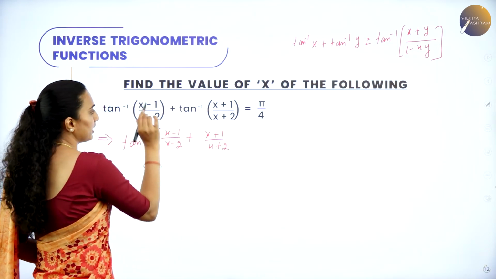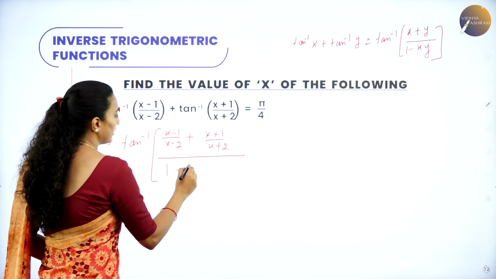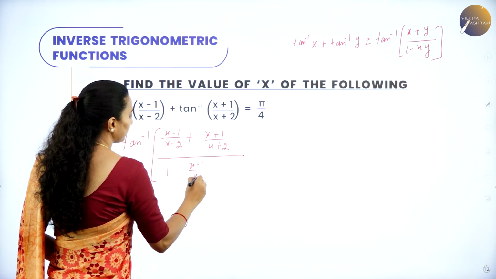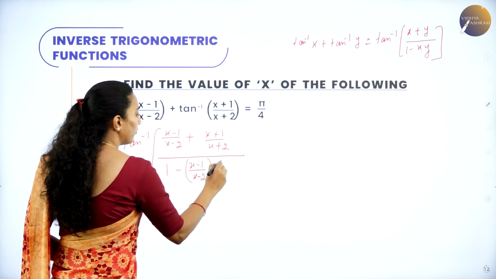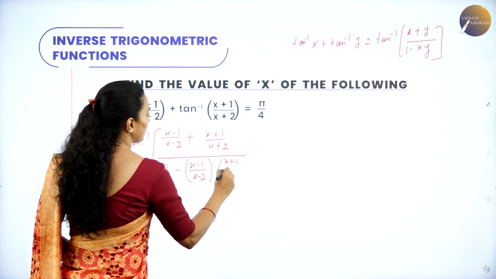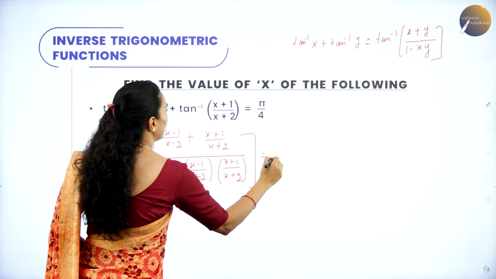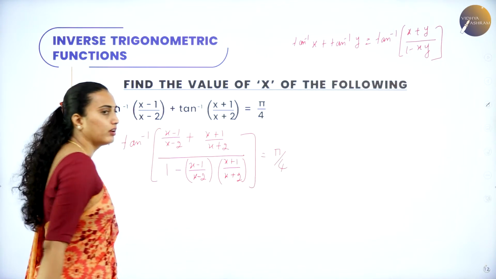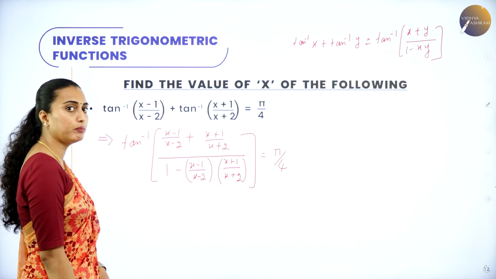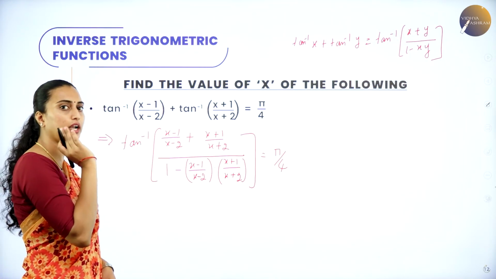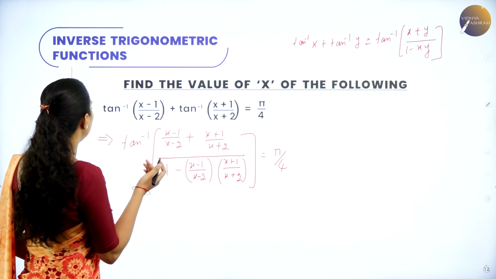This whole term is x, this whole term is y, divided by 1 minus x into y, x plus 1 divided by x plus 2, which is nothing but y, correct? Is equal to pi by 4. Understood? Now this tan, I am going to bring it to that side. What it will become? Tan inverse, if I am going to shift it to right hand side of the equal, it will become trigonometry. Inverse trigonometry will become trigonometry.